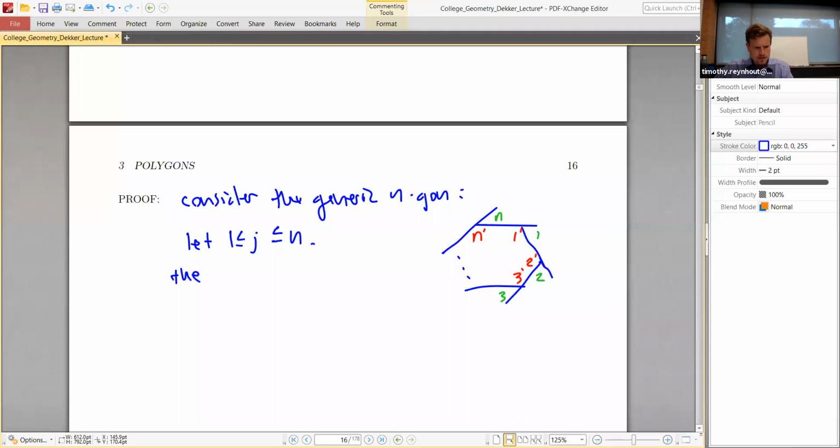Then for each j, 1, 2, 3, 4, all the way up to n, the angle j and the angle j prime form a linear pair.